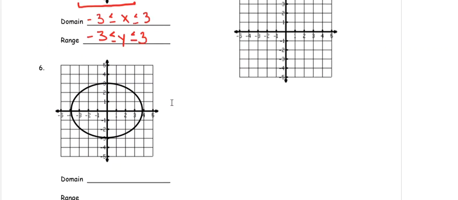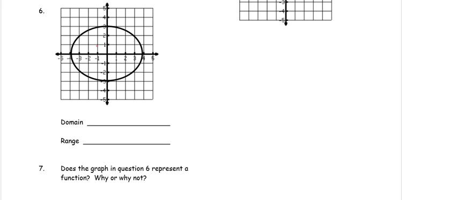Number 6. So the graph starts over here and ends here. I'm going to assume it's touching -4 and 4. Sometimes it's not easy to draw it, but I'm sure that's what the worksheet is. So it's going to be -4 to +4. And then the range is going to be -3 to +3.